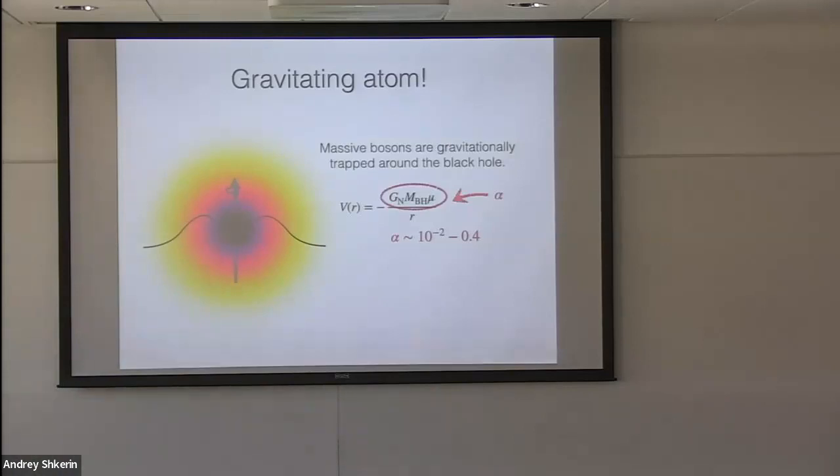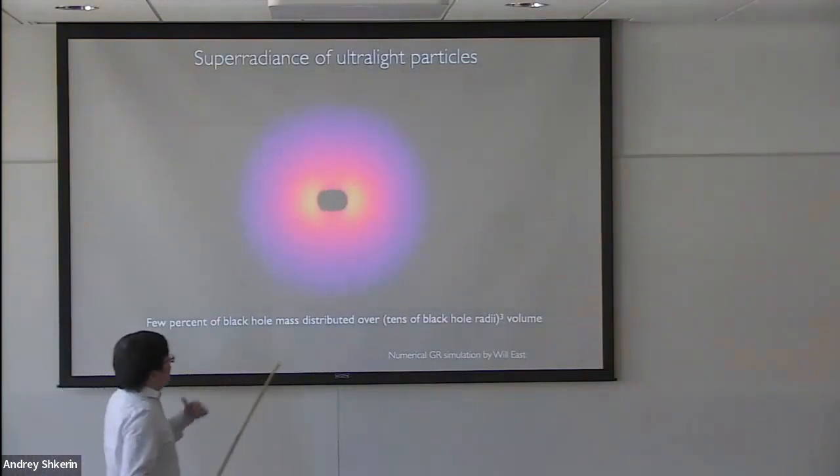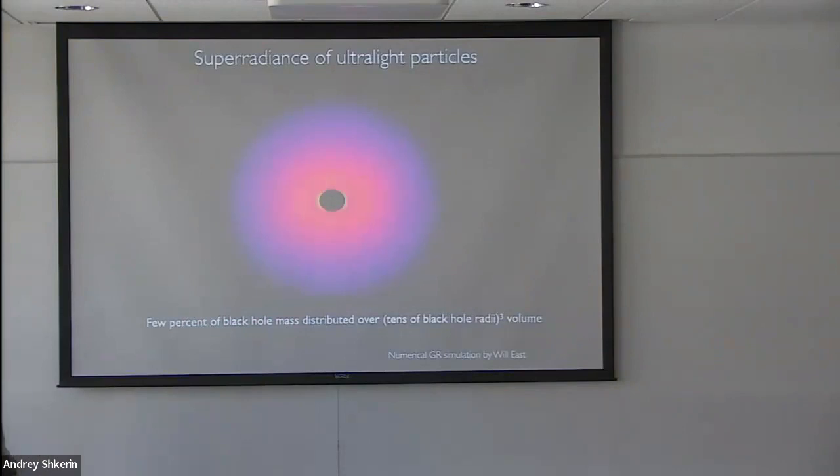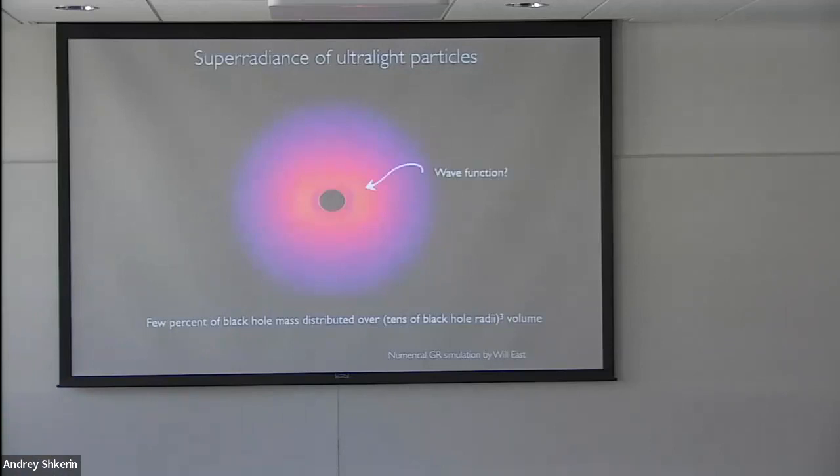So what you're seeing here is basically the superradiance instability at work. Even if you start with basically zero particles around the black hole, through some fluctuation you get a one, and due to this exponential instability, the number of particles around the black hole will grow exponentially until it extracts almost all the angular momentum from the black hole.